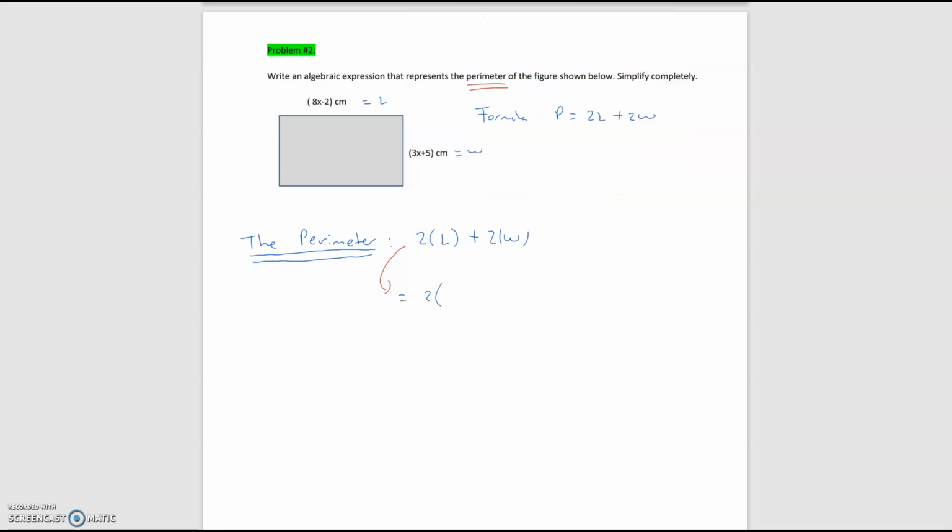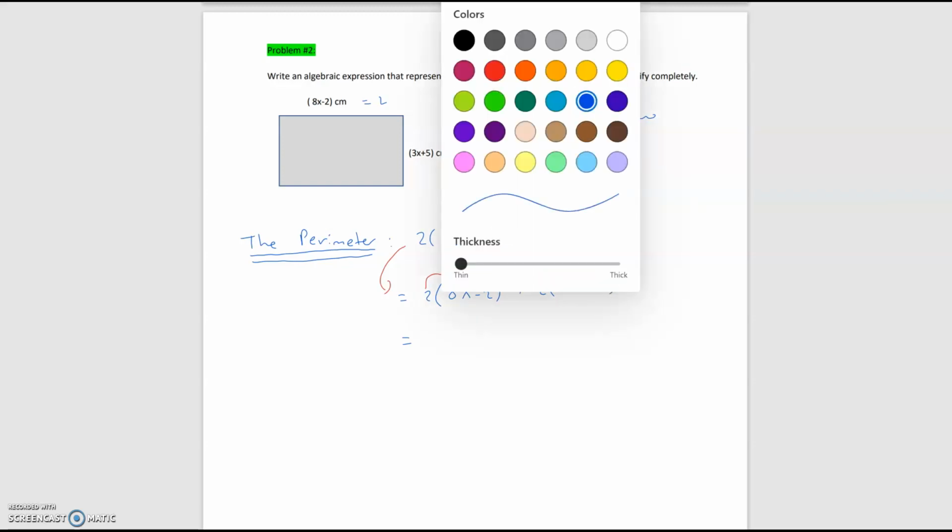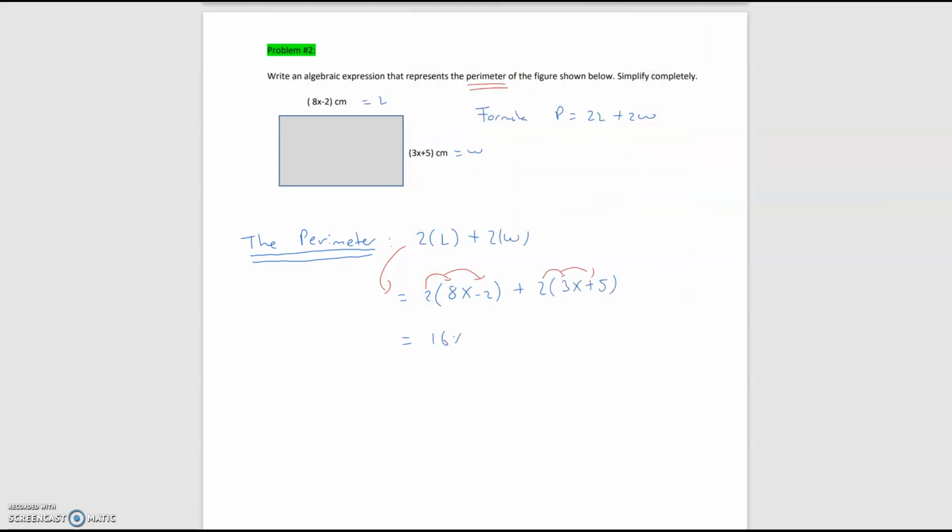And this expression is now equal to the following. So this will be 2 times L, we said 8x minus 2, plus 2 times W, which is 3x plus 5. And then what we're going to do here is distribute the 2 to every value inside of the parentheses. So this is going to give us 16x minus 4 plus 6x plus 10.